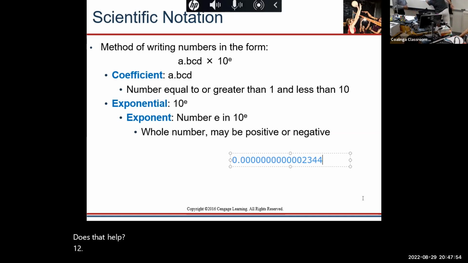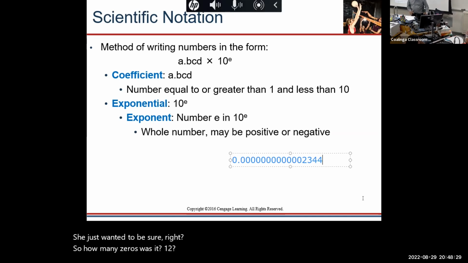Is it 12? Okay, cool. She just wanted to be sure, right? Okay, so how many zeros was it? 12, on the right side.